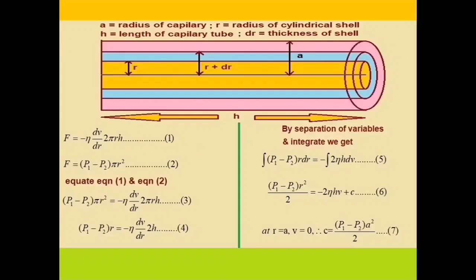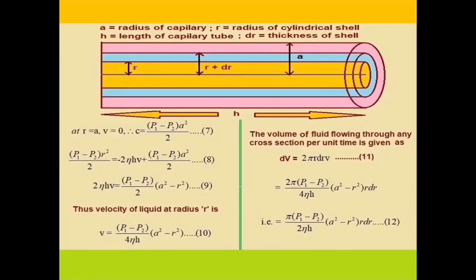This is equation 6. Put the value of c in our equation, which we have seen earlier. So we will get (P1 minus P2) into r square divided by 2 is equal to minus twice eta hv plus (P1 minus P2) into a square divided by 2. So this is equation 8.